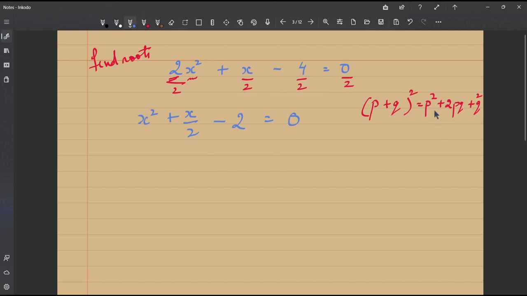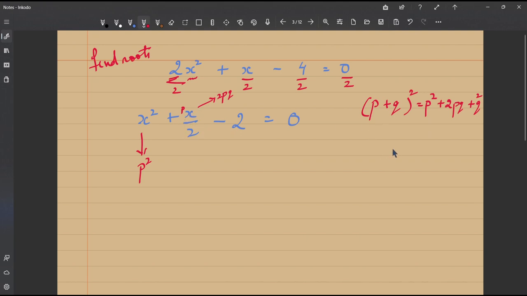Now you can easily compare this p squared to x squared. So x squared stands instead of p squared. And since this has an x term, which is actually p, you can say that this stands for 2pq and we can find out what q is using this particular term.